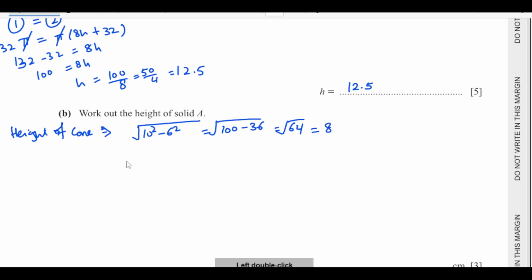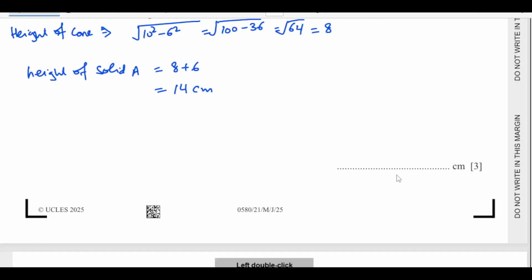So the height of the cone is 8. So the height of solid A is 8 plus 6, which is 14 centimeters. So the final answer is 14 centimeters.